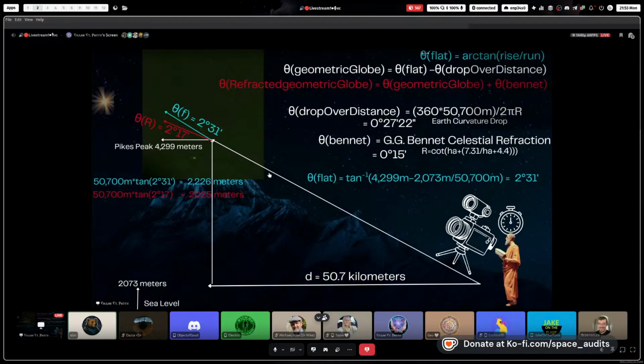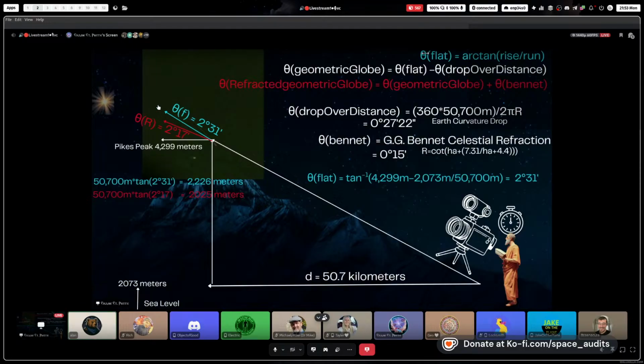Now, the globularists say that it's physical and it's due to Earth curvature because the mountain peak is tilted away from you, therefore it's at a physically lower elevation. So using a theodolite, we would not be able to differentiate between the two predictions because optically they would be the same.